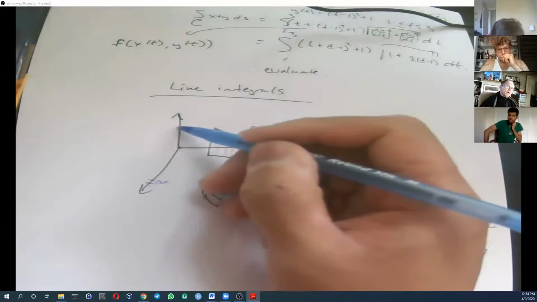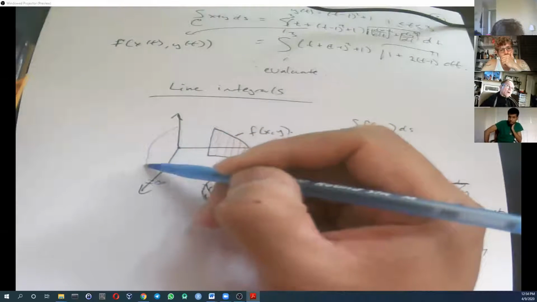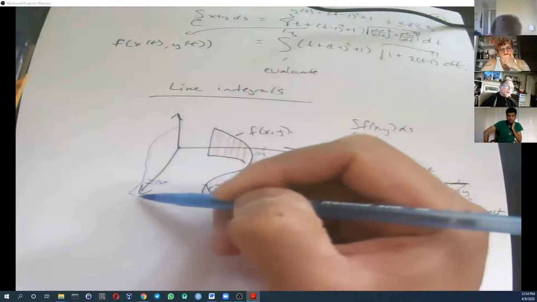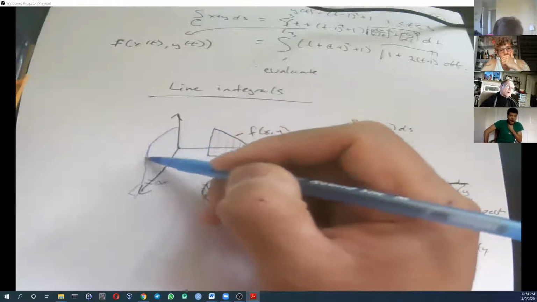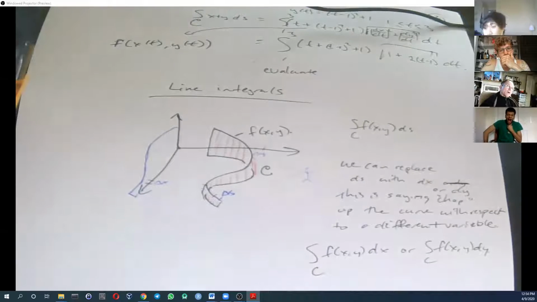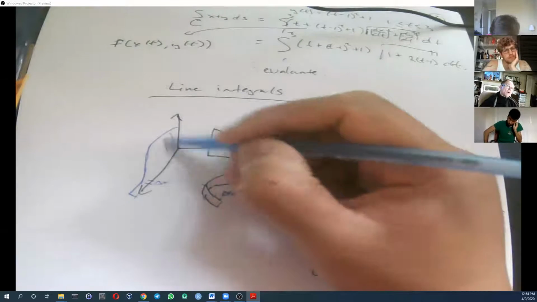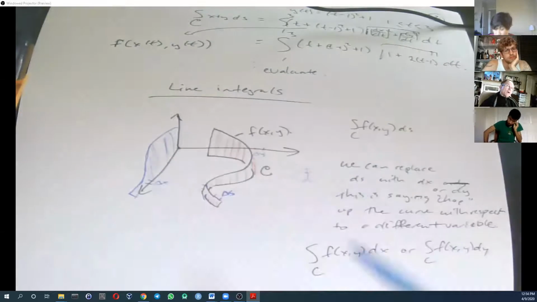Okay, let's try to draw this. And all of this is shaded because there's a screen right there that's covered by the height.